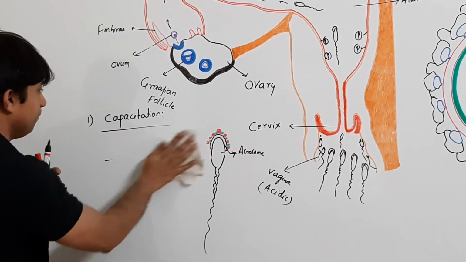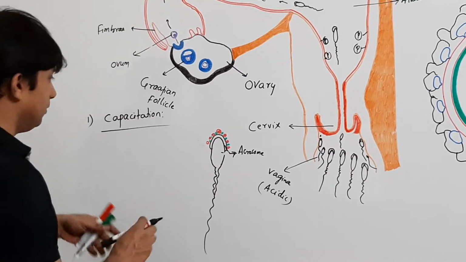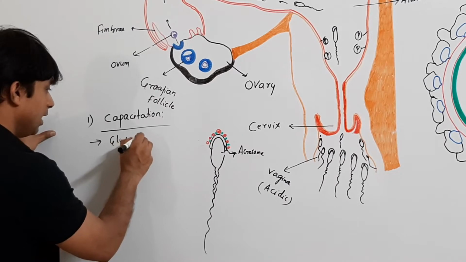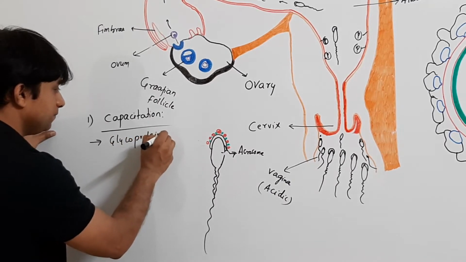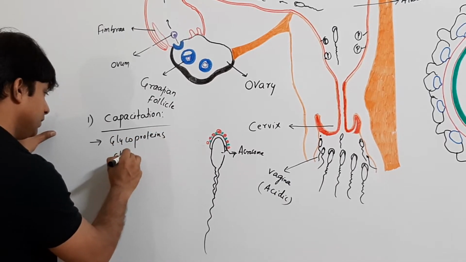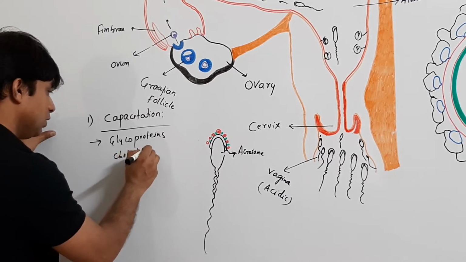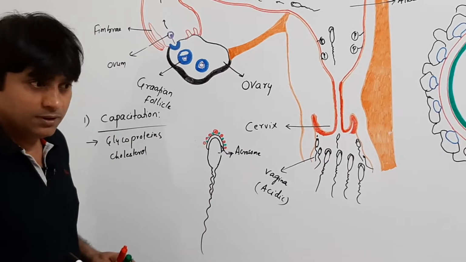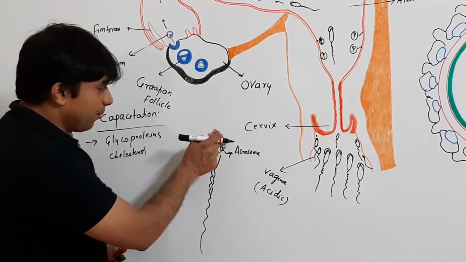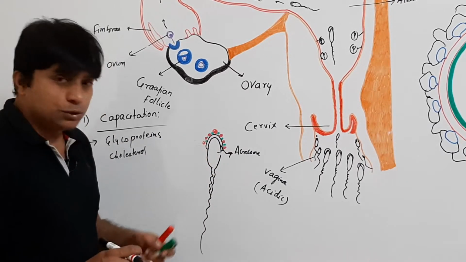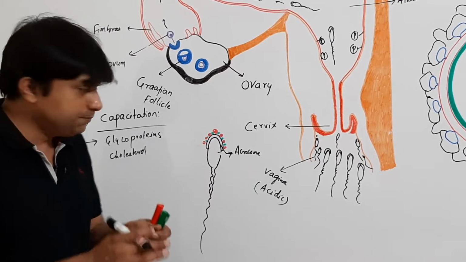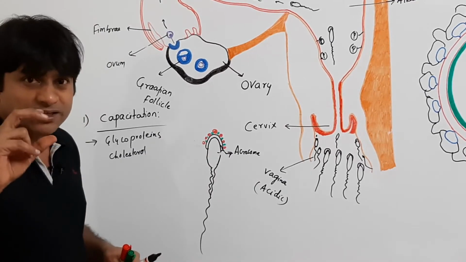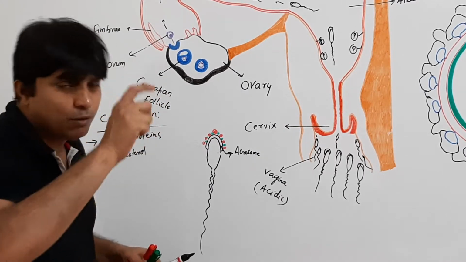During capacitation, the acrosome of the sperm is covered with specific glycoproteins and cholesterol over the complete acrosome. A sperm with glycoprotein and cholesterol cannot fertilize the ovum and cannot reach the ovum membrane.